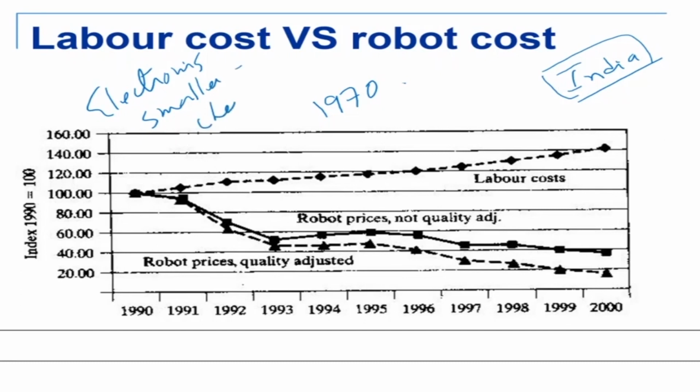And this is exactly what gave rise to this graph, which shows that the price of the robot is coming down because electronics is becoming smaller, faster, cheaper. Today, you can buy a good industrial robot with a 10 kg payload capacity for about 20 lakhs, which was not possible maybe 20 years ago. Now, on one side, the price of the robot is coming down. On the other side, the price of labor is going up.